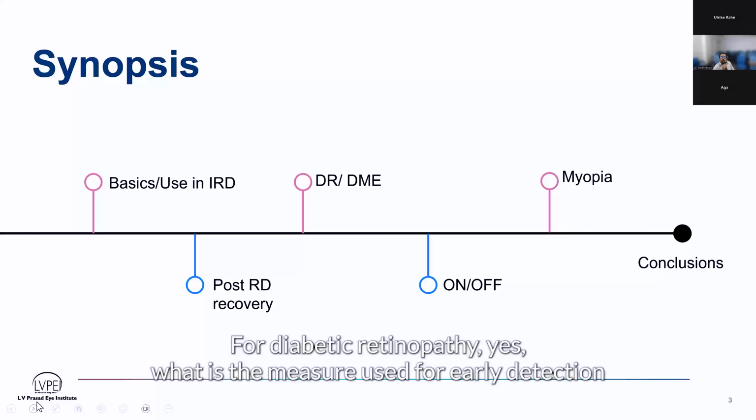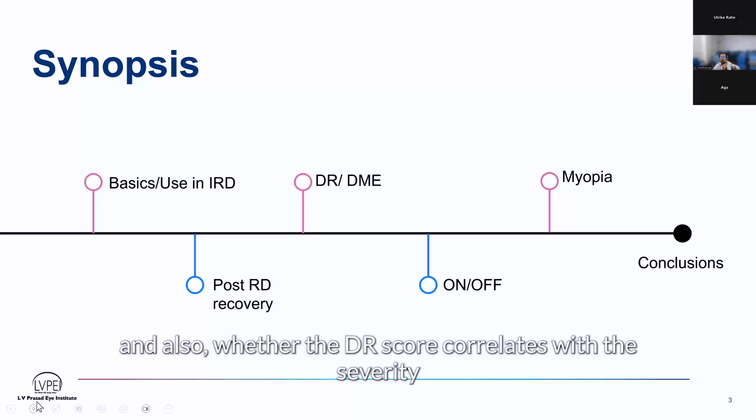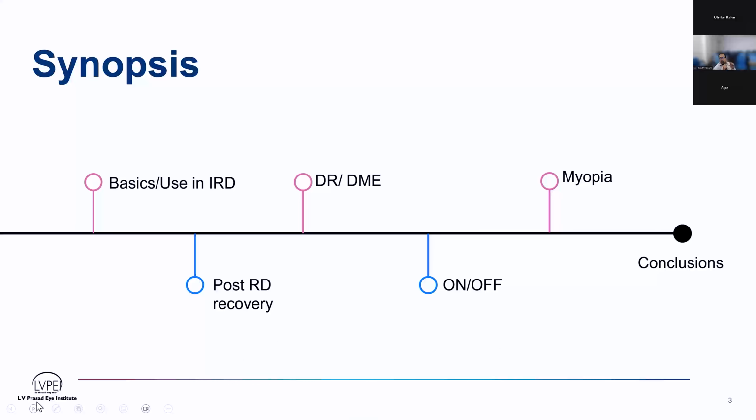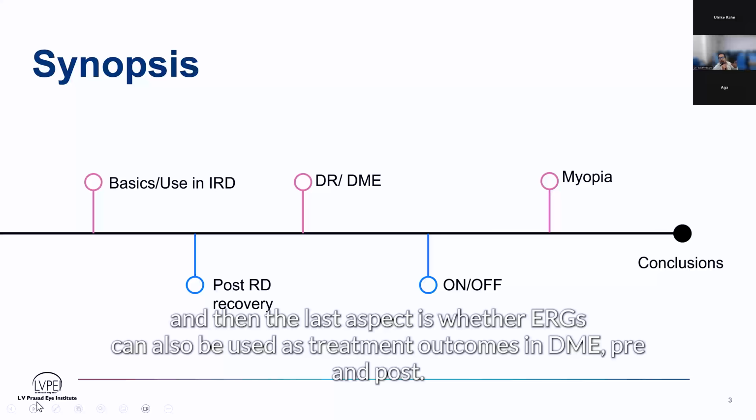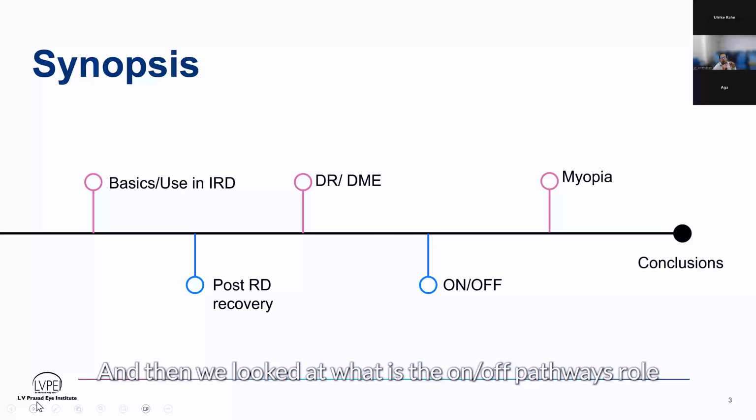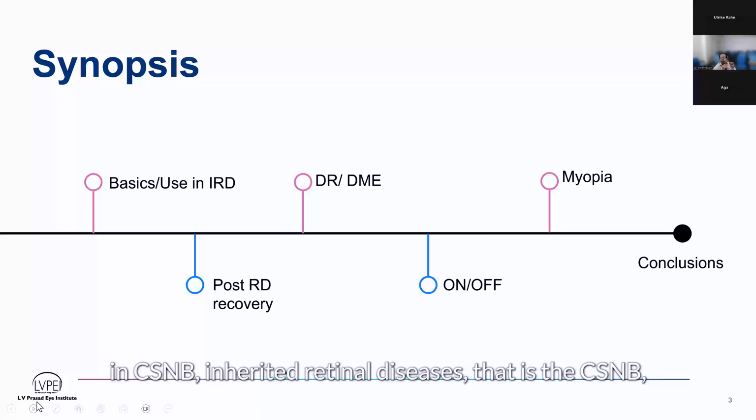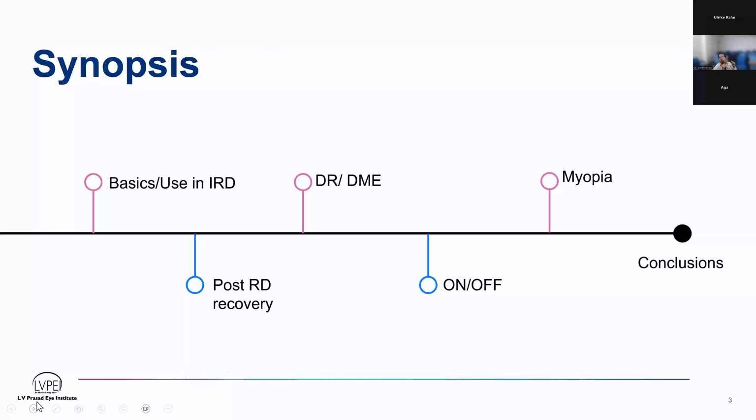For diabetic retinopathy, we looked at the measure used for early detection, and whether the DR score correlates with the severity. The last aspect is whether ERGs can also be used as treatment outcomes in DME, pre and post. And then we looked at the on-off pathways, their role in CSNB and inherited retinal diseases, and their association with myopia.